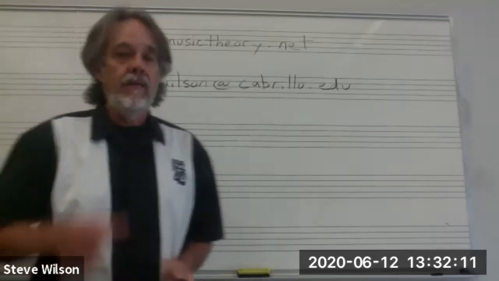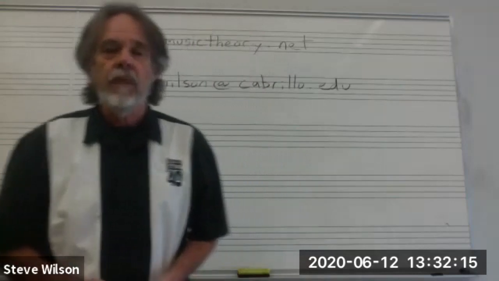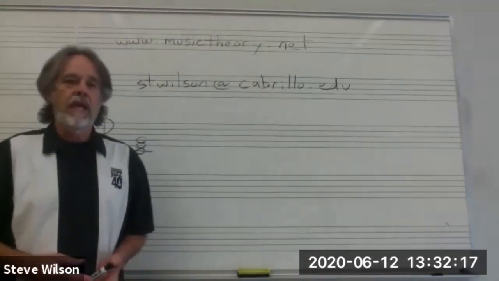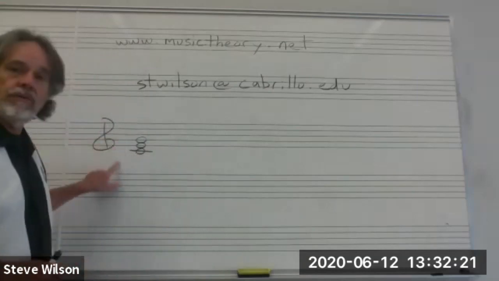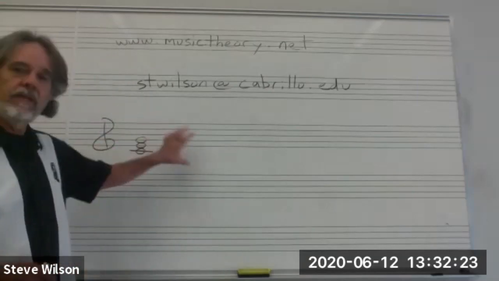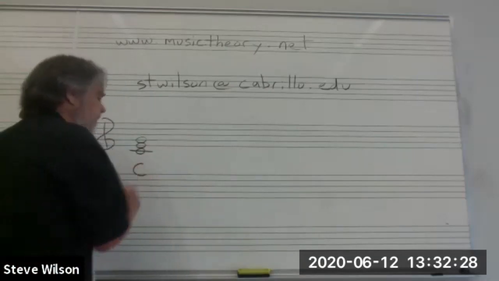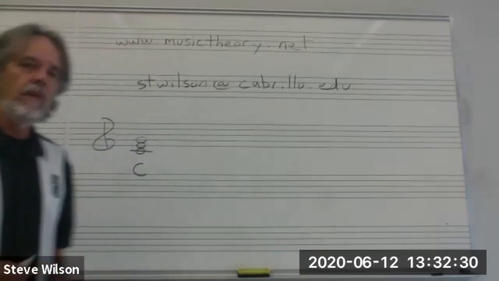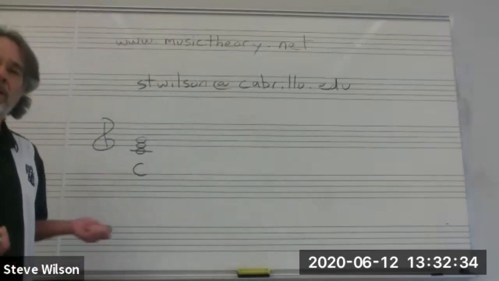Now, I'm going to give you some of the chord symbols that are associated with each of these triads. In jazz and pop music today, we use a lot of chord symbols. Instead of writing out all of the notes, very often, instead of having these notes written out for you, you will have something that looks like this, a chord symbol. And the chord symbol will tell you what chord is asked for.